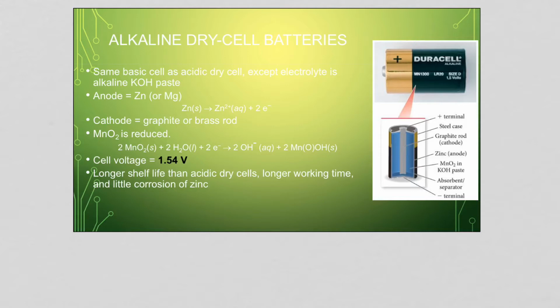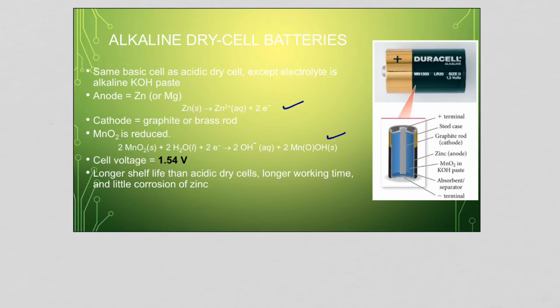So they're the same as the acidic cell, but your electrolyte now is a very basic environment, particularly some sort of metal hydroxide, like potassium hydroxide. But you can see our basic reactions, our oxidation of zinc and our reduction of manganese, are essentially the same. So, same basic construction, just turned into a basic environment.